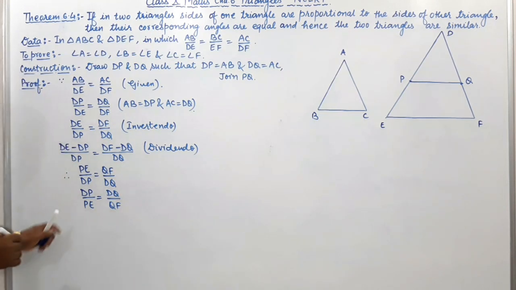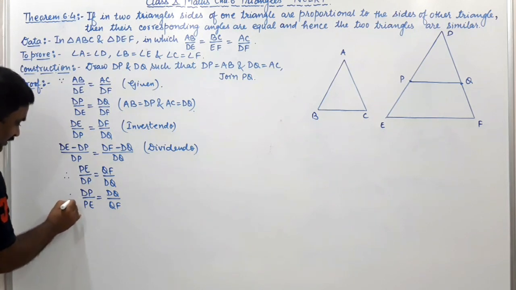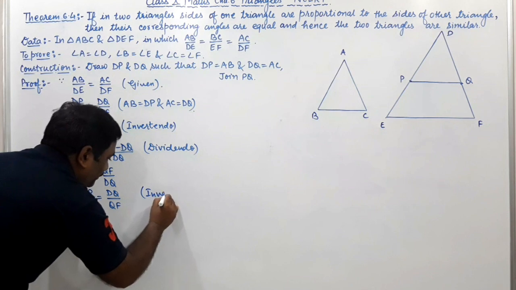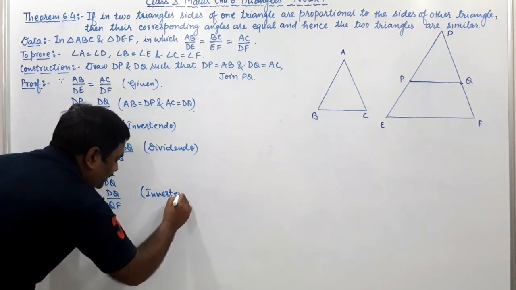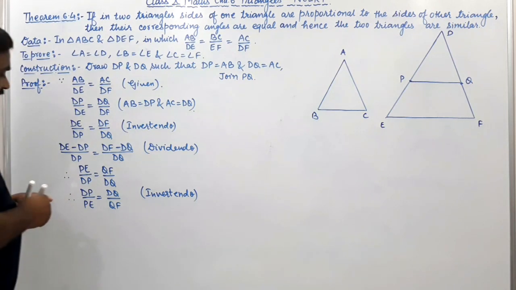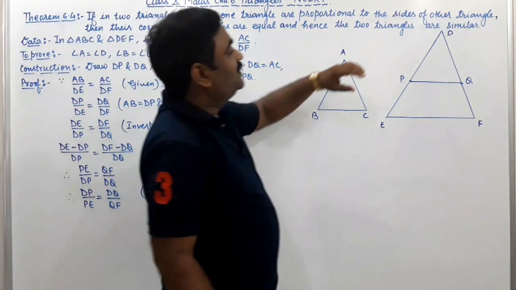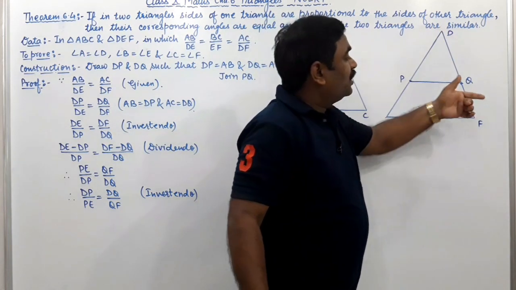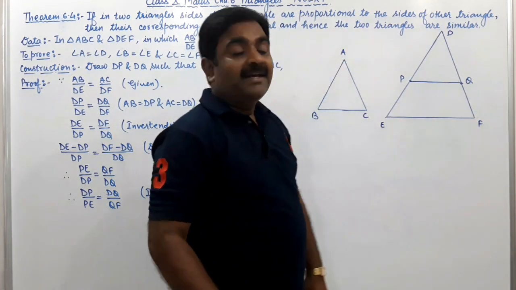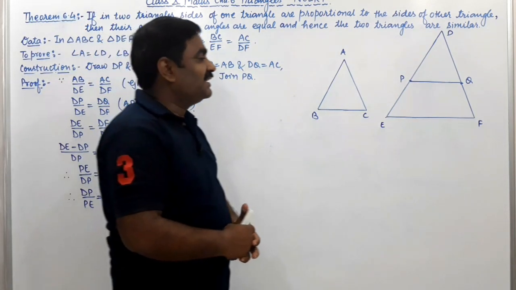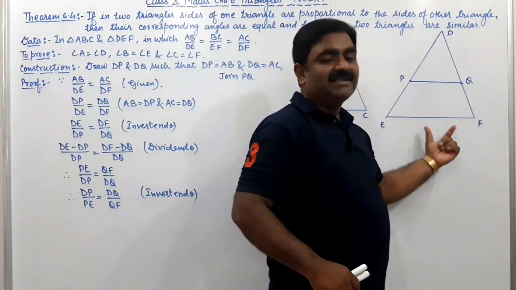अभी देखो आपको क्या मिला. This is by invertendo, इन्वर्ट कर दिया, रेसिप्रोकल कर दिया इसको. So we will get DP upon PE equals DQ upon QF. Okay, if sides are in ratio, then these lines are parallel to this line.